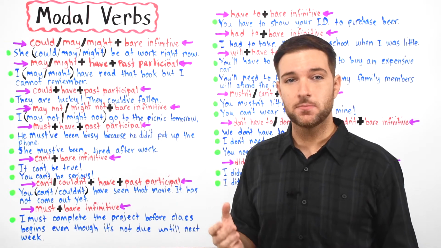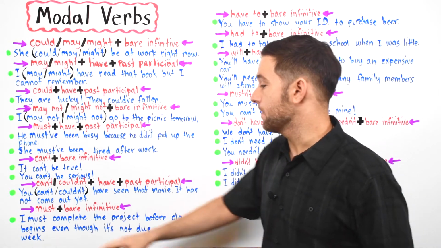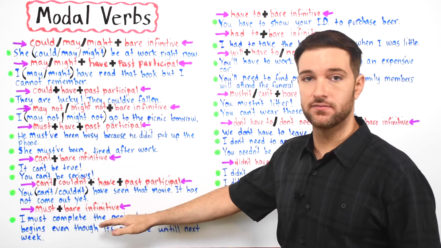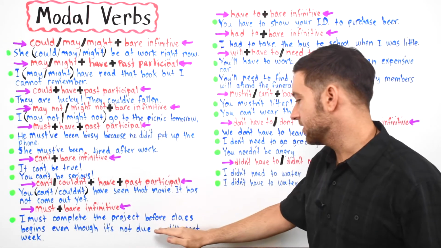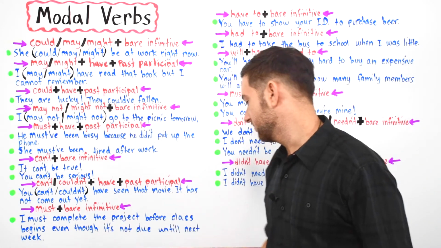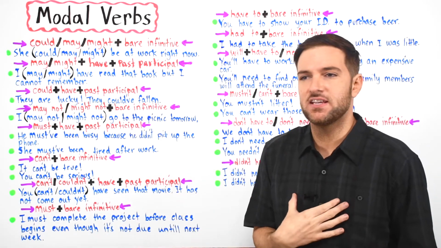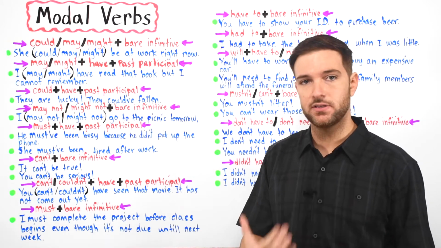When we want to express a personal obligation in the present, that's when we typically use must plus the bare infinitive. All right, guys? So for example, I must complete the project before class begins, even though it's not due until next week. Okay, so we're talking about something that we feel ourselves a personal responsibility to do.